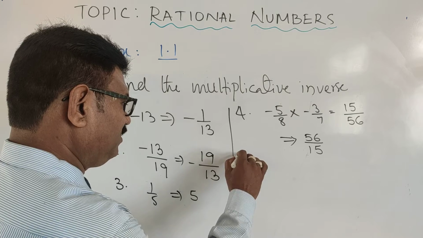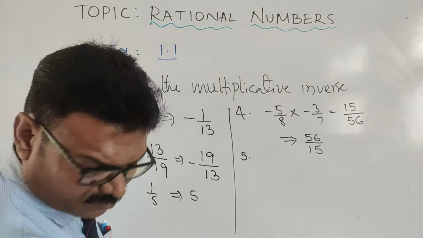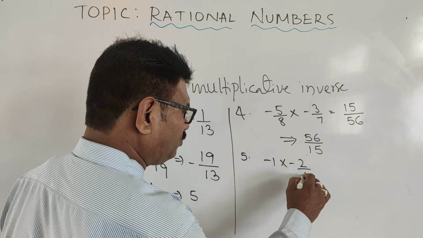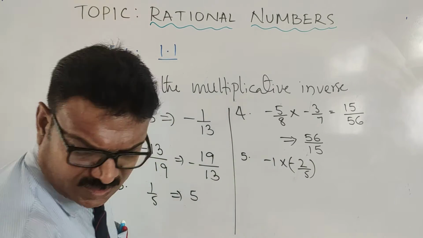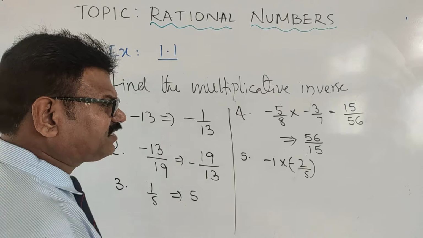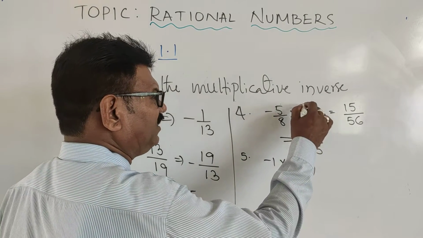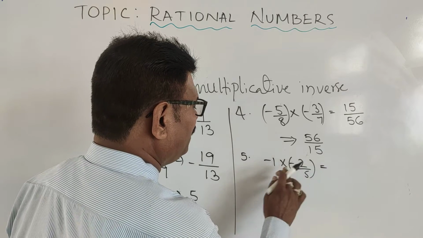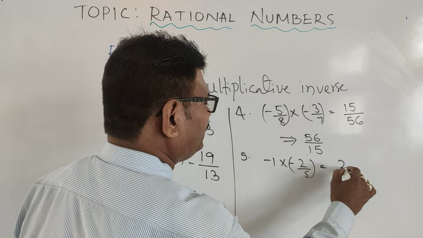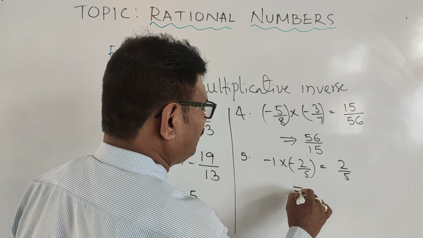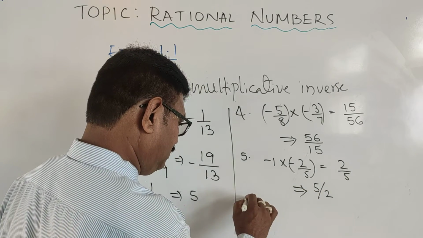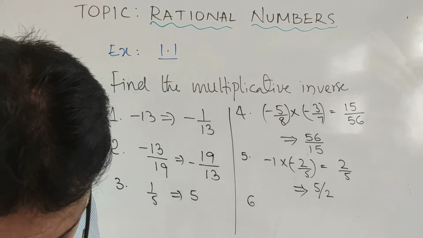Fifth question. Minus 1 into minus 2 by 5. When minus comes, please keep a bracket so that you will understand very well. Now see, minus into minus is plus, it is 2 by 5. Therefore, its multiplicative inverse is 5 by 2. Next question.